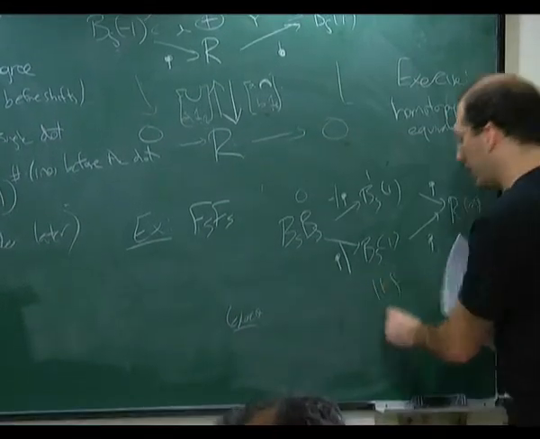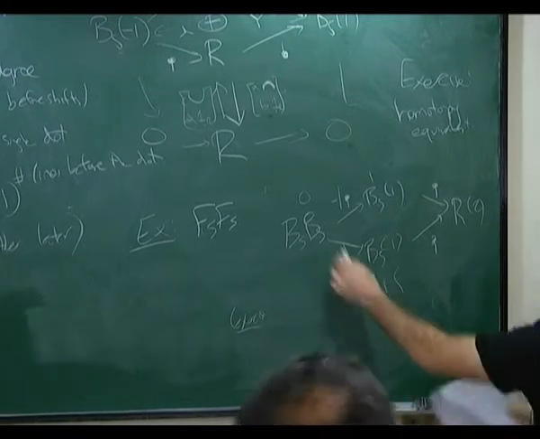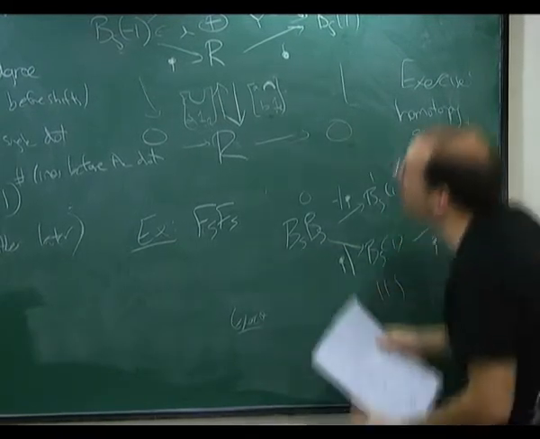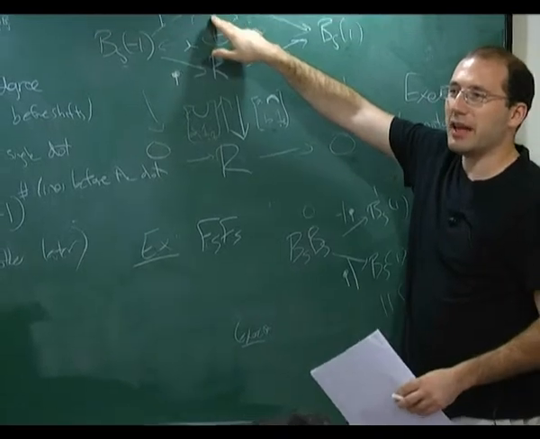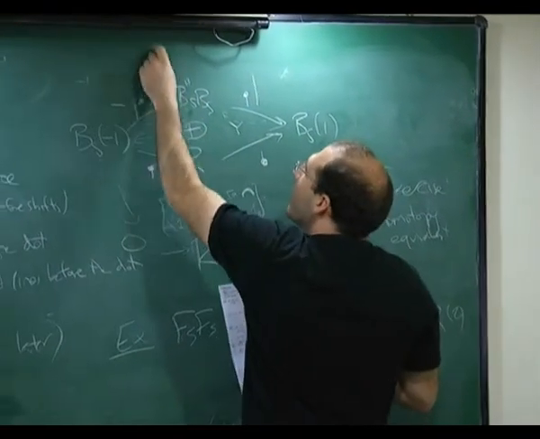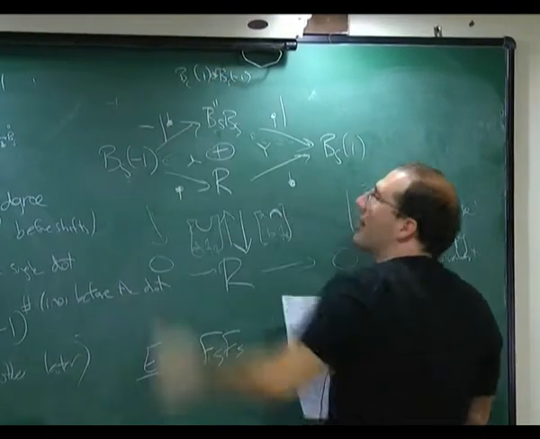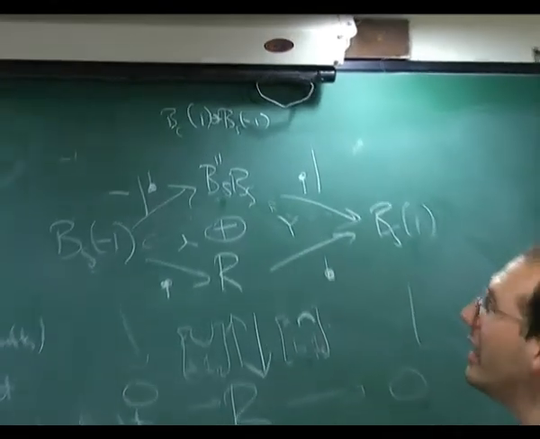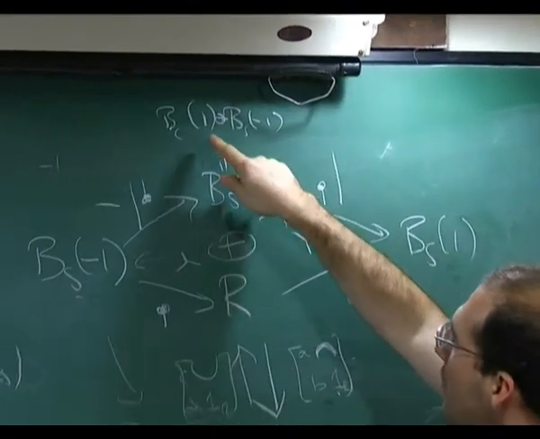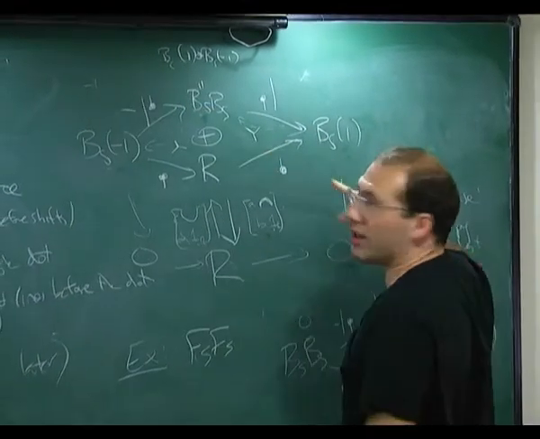is that this is homotopy equivalent to, okay, so let's just look back at this. BSBS is BS1 plus BS minus 1. Okay? And not surprisingly, this one and this one are isomorphic, and this one and this one are isomorphic.